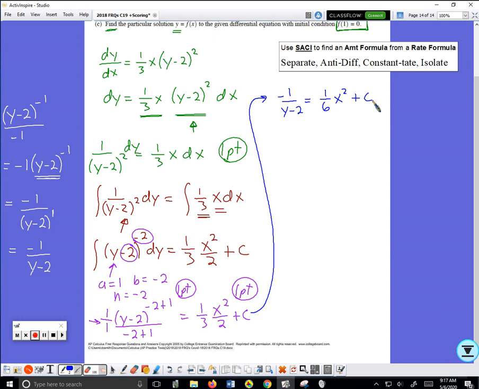So the constant said when x was 1, y is 0. So negative 1 all over y minus 2, with y is 0, x is 1. So this becomes negative 1 all over negative 2 equals 1/6 plus c. So this becomes 1/2 positive.